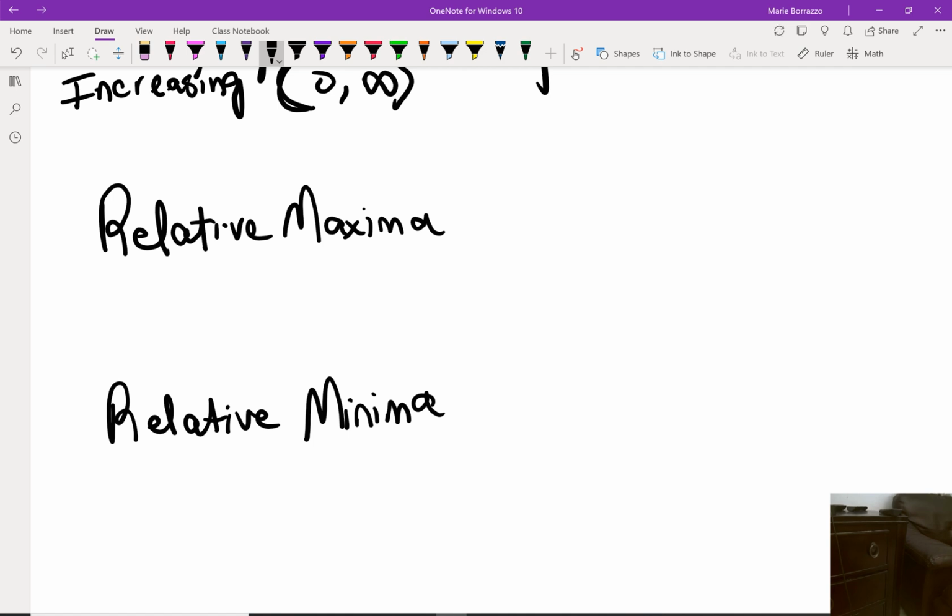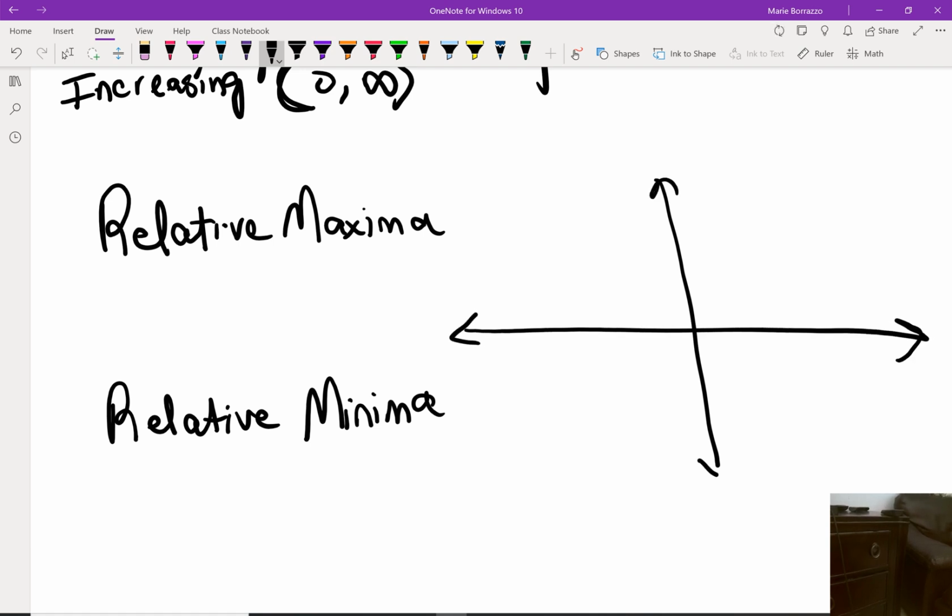So relative maxima, imagine, if you would, again, a coordinate plane. And let's say hypothetically I've got a diagram that is doing this loop-de-loop behavior as such. This is considered the point A, where x is A and y is f of A.